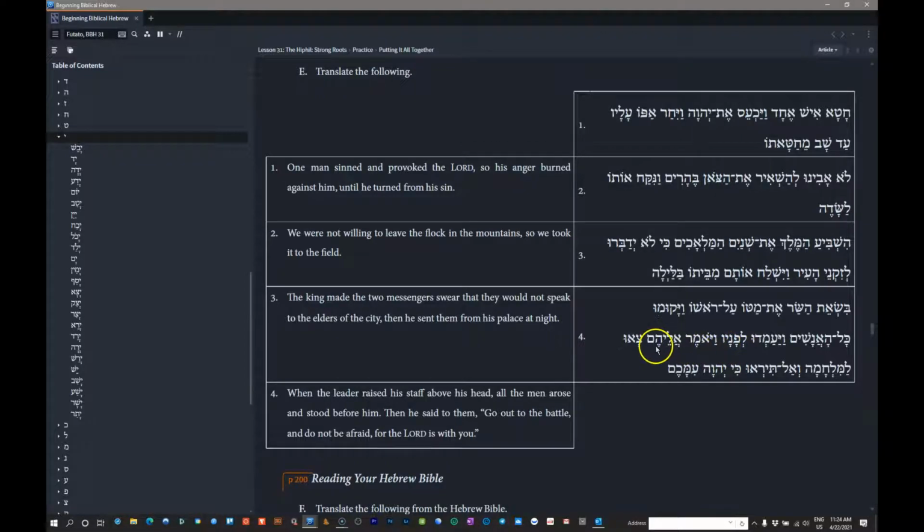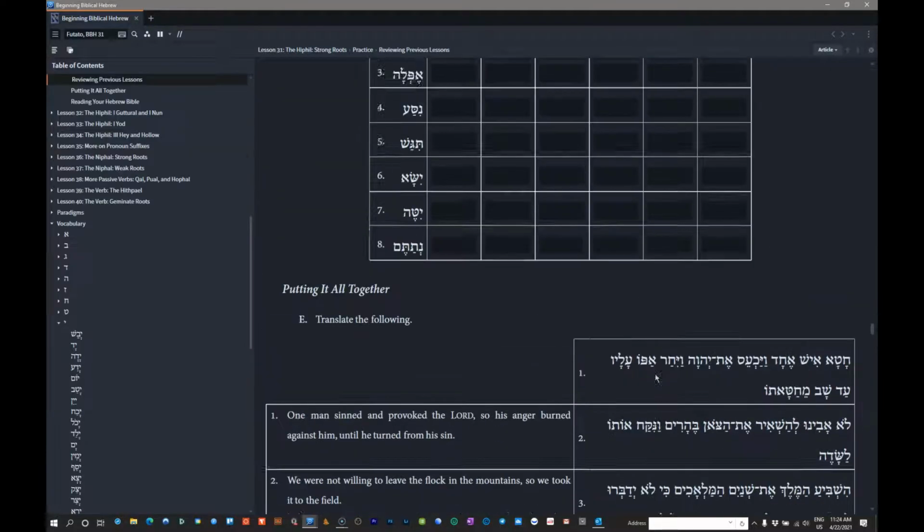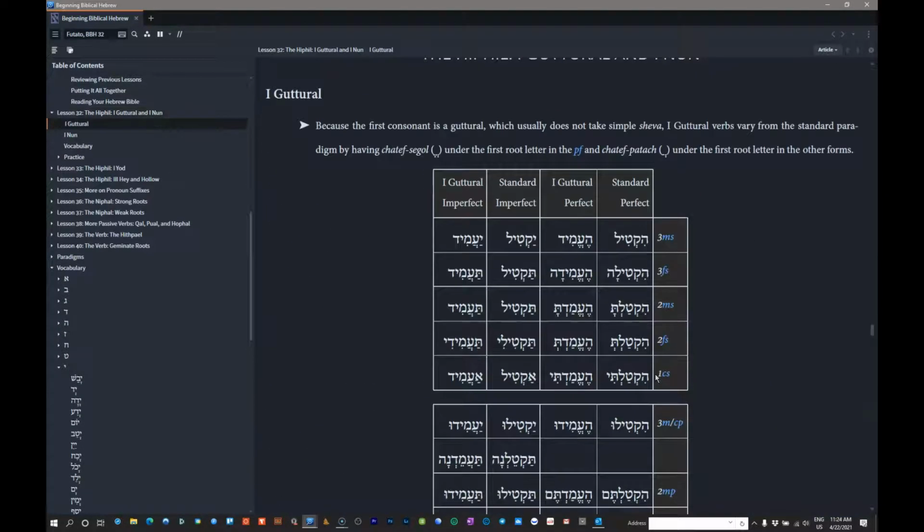And he said to them, go out to the battle and do not be afraid, because Adonai, the Lord, Yahweh, is with you. All right, so that is 31.